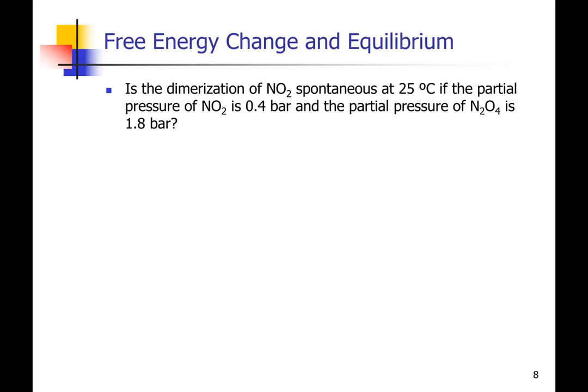On the next page, we're asked a related question. Now we are asked if the reaction is spontaneous or thermodynamically favored in the forward direction, given specific pressures of each of the two gases. So we've been given activities of the two gases from which we can calculate the reaction quotient for the system under these conditions. So we will remind ourselves of what our equation is. It is 2NO2 gas in equilibrium with N2O4 gas.